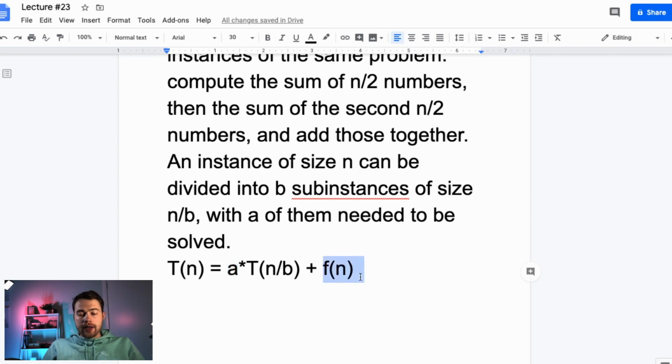Now f of n is basically the amount of work which needs to be done to split a problem into sub-problems, and then, once those sub-problems are done, to get everything together. In our case, what does it take to split an array of 1,000 numbers into 2 groups? Big O of 1, right?